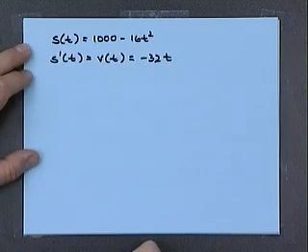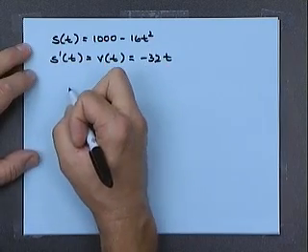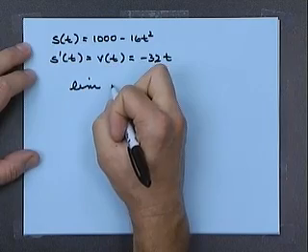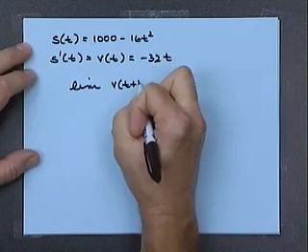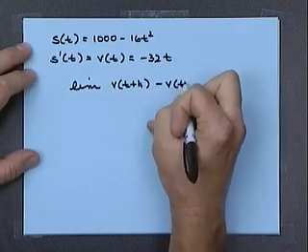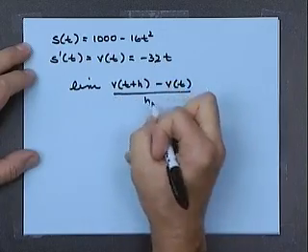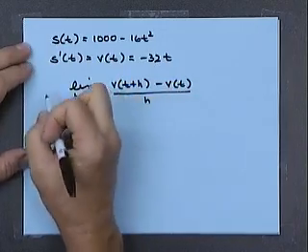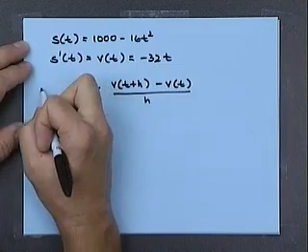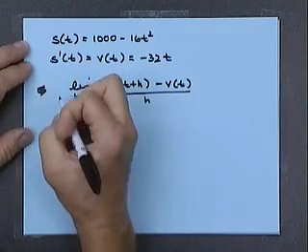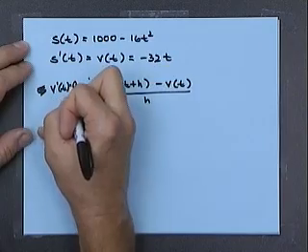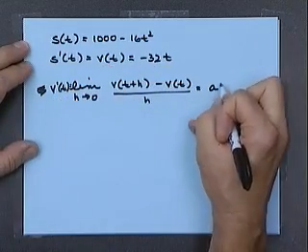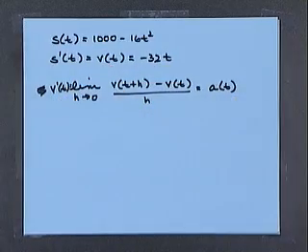Now, if we start with that, the instantaneous rate of change of velocity with respect to time, first derivative of velocity, ought to be acceleration.